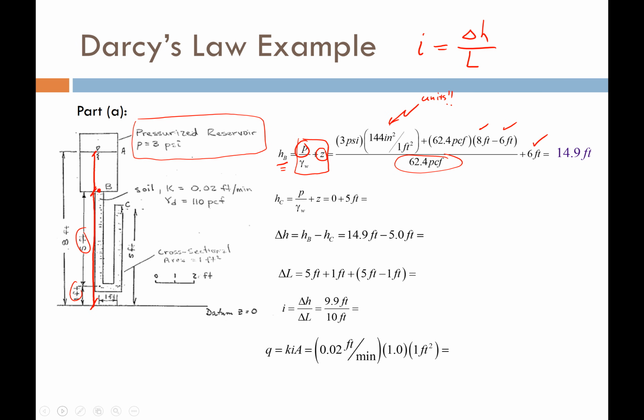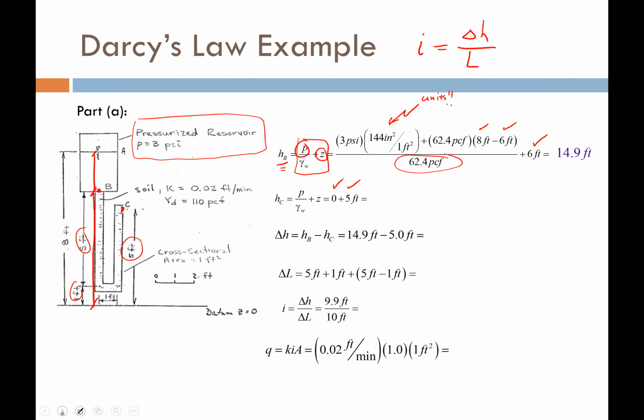Okay, let's do the same thing for total head at point C right here. The pressure at point C, because it's open to atmospheric pressure, we know is 0. And the elevation head, so this is the height from our datum up to our point of interest, is 5 feet.